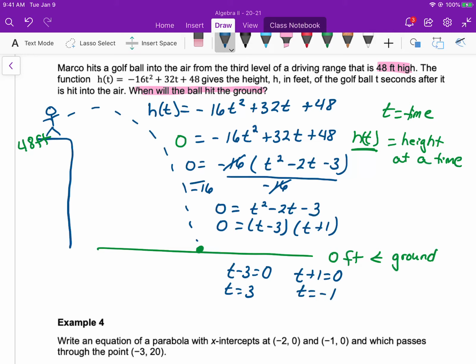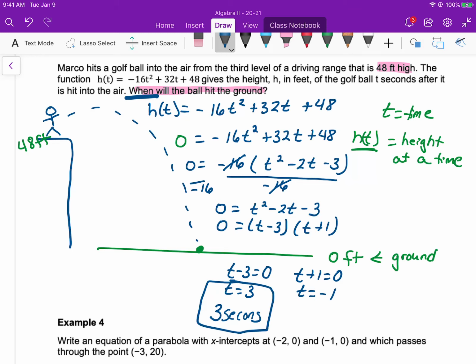We need to be careful at this point because we need to remember what the original problem was asking us to do. If we're not careful, we may circle our answers and think we're done, but the problem was asking us to determine when the ball will hit the ground. And that will happen at t equals 3 seconds, which is the answer to this problem.